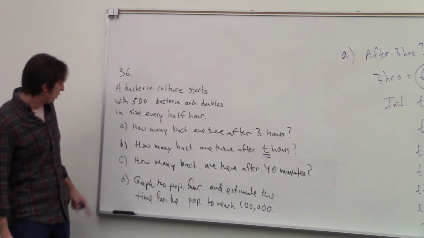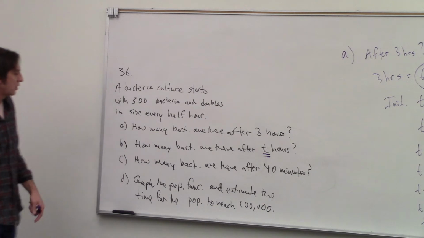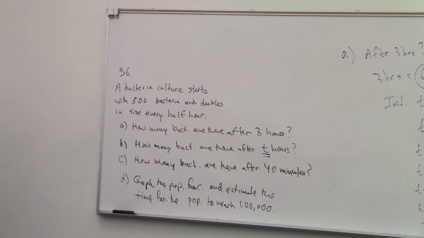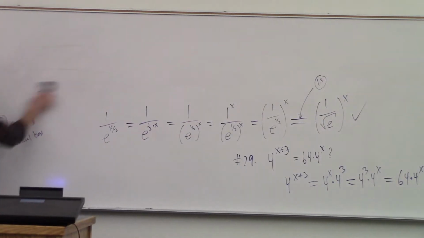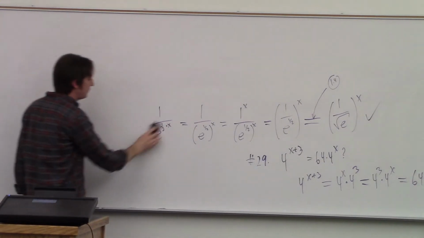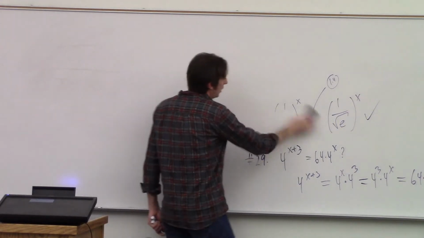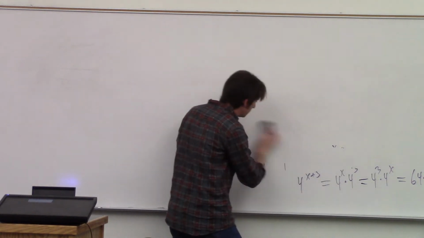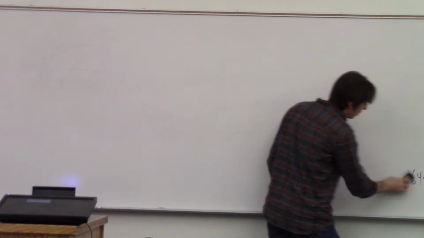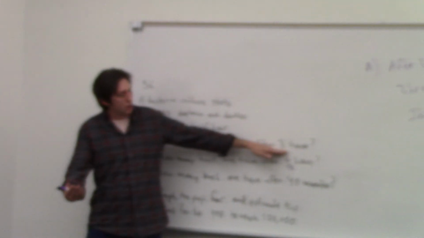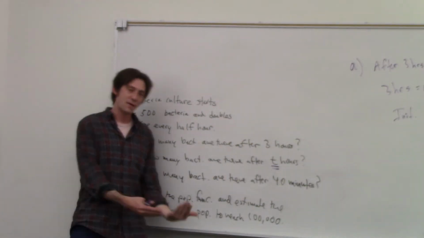All right, we have a few more questions to answer here. With letter C, I'm trying to figure out how many bacteria there are after 40 minutes. 40 minutes, unfortunately, isn't all that nice of a number in this problem, because it's not a whole hour, and it's also not a whole half hour.